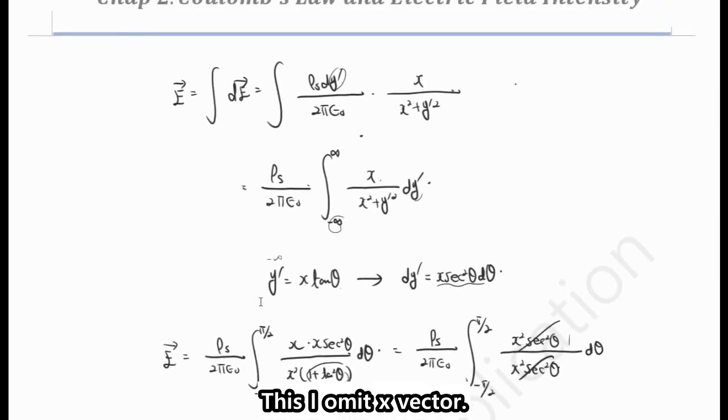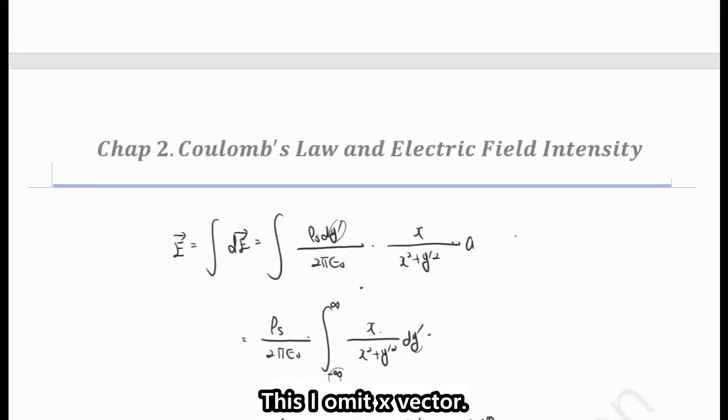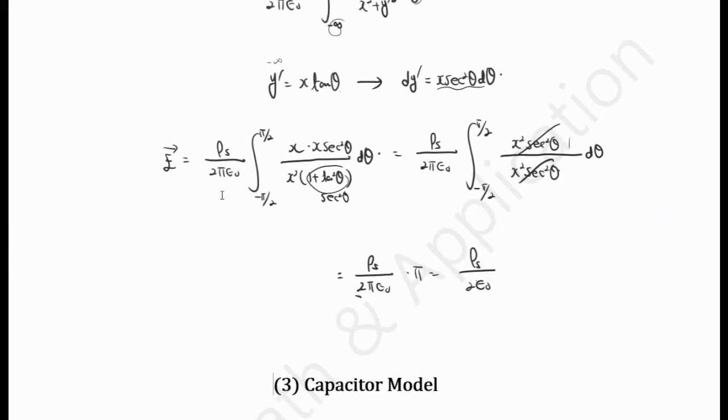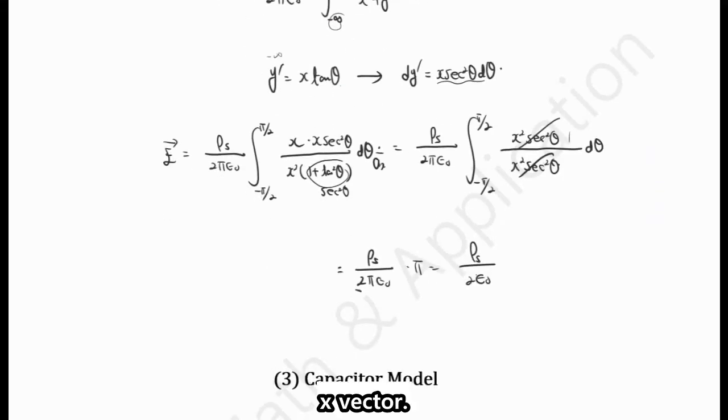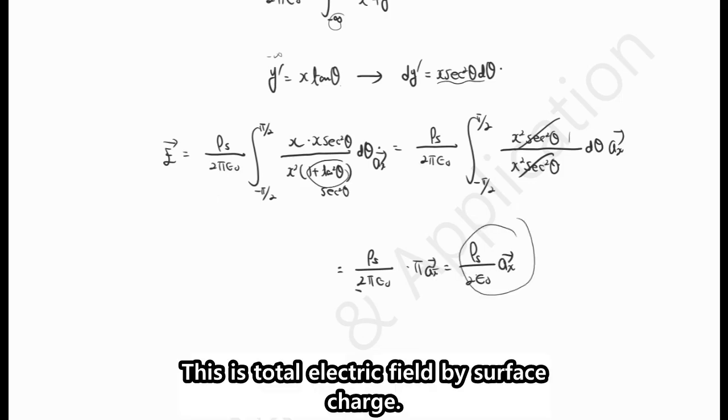Here I omit the vector, and this is the a_x vector. This is the total electric field by the surface charge.